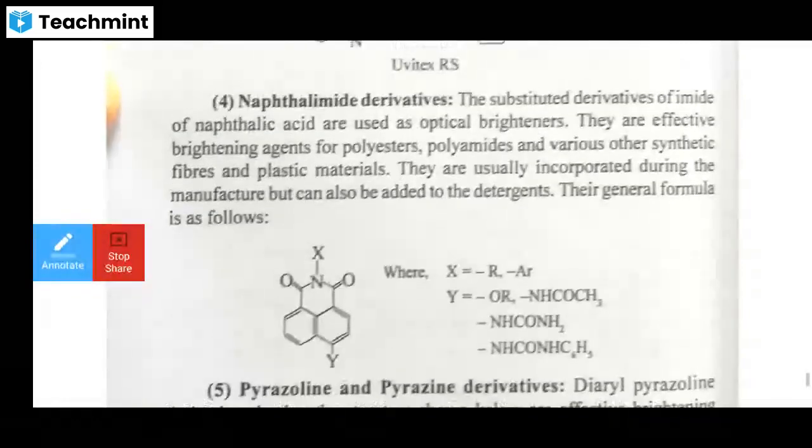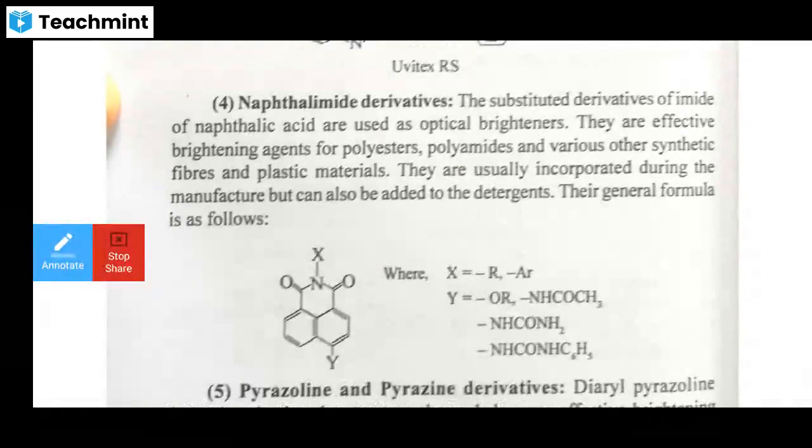The substituted derivatives of the imide of naphthalic acid are used as optical brighteners. So these groups have substituents, that is the R groups, NHCOCH3 groups, NHCONH2 groups. These help the brightening properties, and they are effective brightening agents for polyesters, polyamides, various other synthetic fibers and plastic materials.